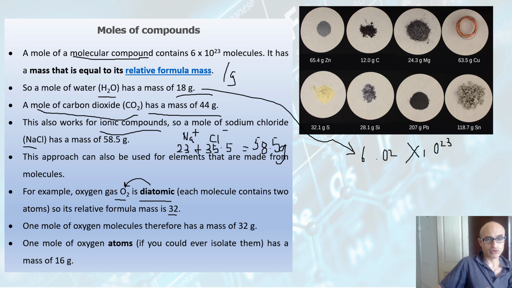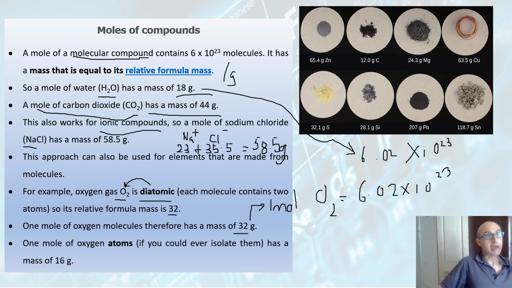If I want to convert that into grams, what I end up having is the mass of 1 mole of oxygen molecules. 1 mole of O2 weighs 32 grams, and 1 mole of O2 is in turn equal to 6.02 by 10 to the 23 molecules of oxygen.